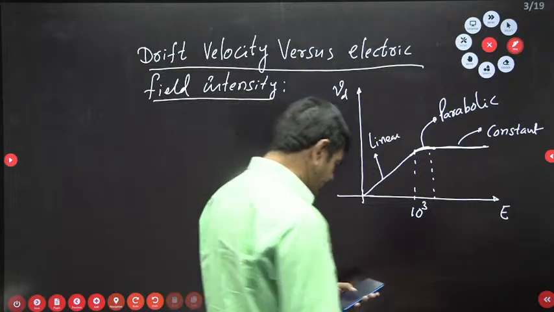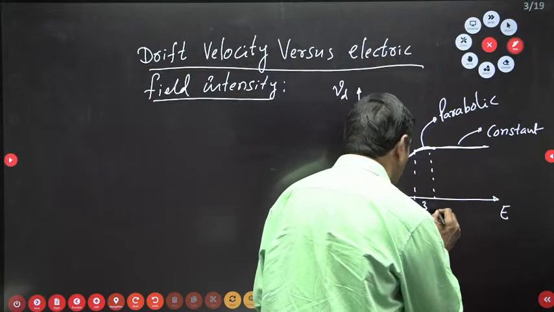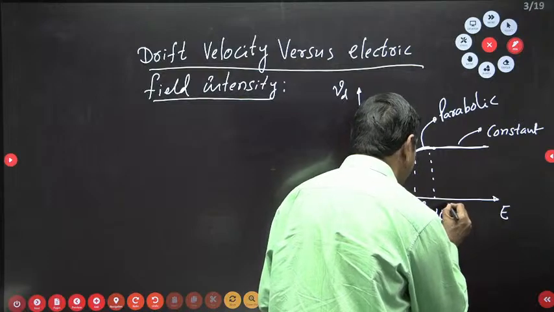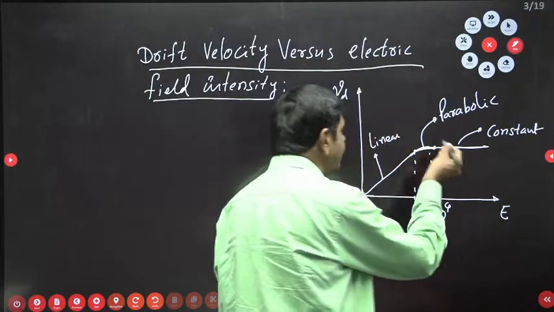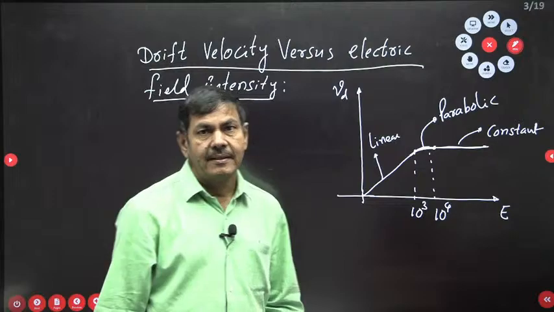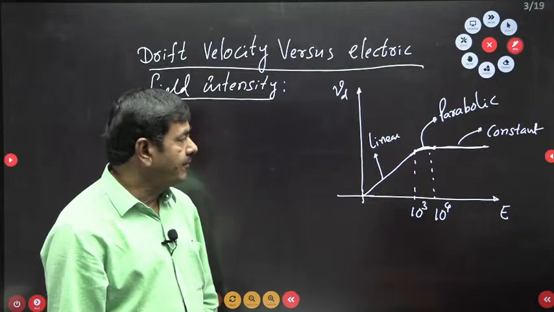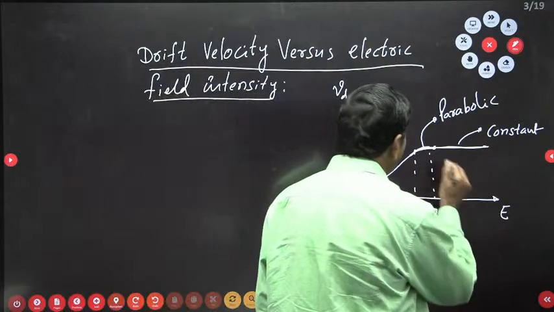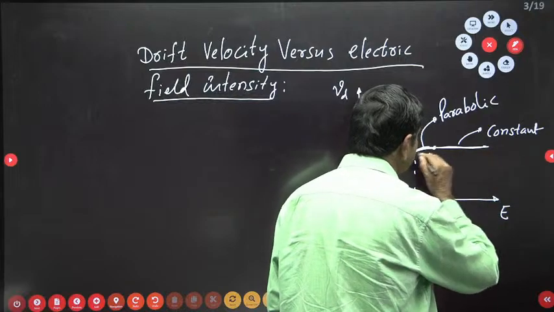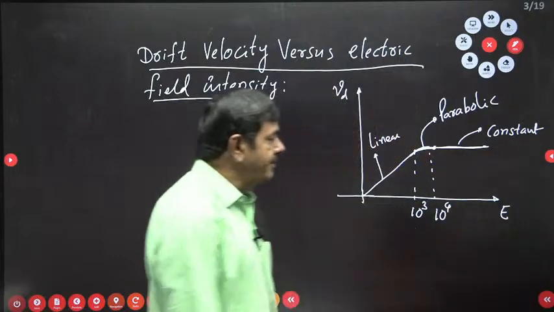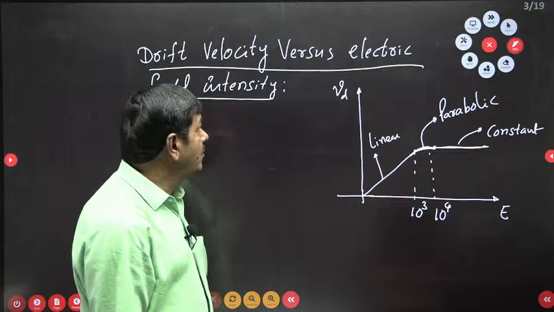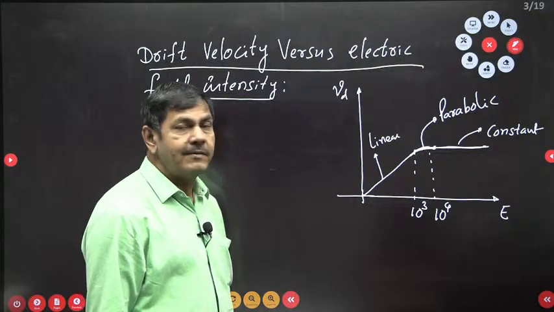Between 10 power 3 and 10 power 4 you can find a non-linear parabolic shape. After 10 power 4, it is going to remain constant only. Understand my point.